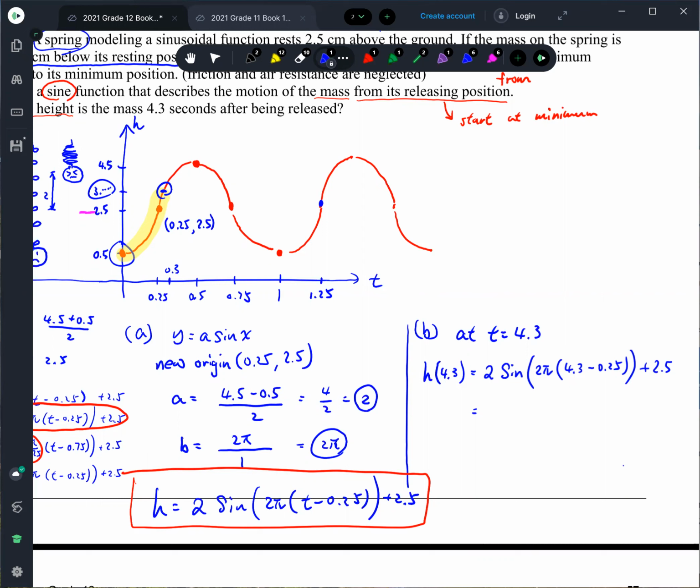Make sure you're in radian mode, and be careful with the brackets. Everything in the red bracket should be inside the sine.